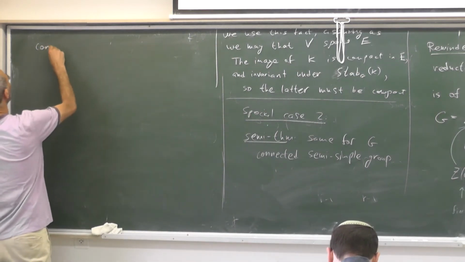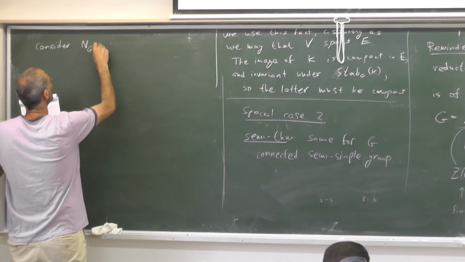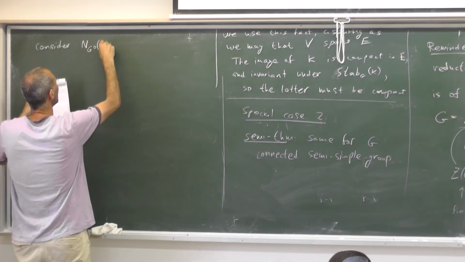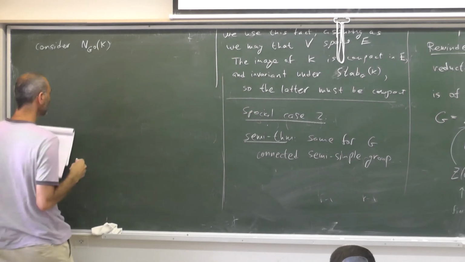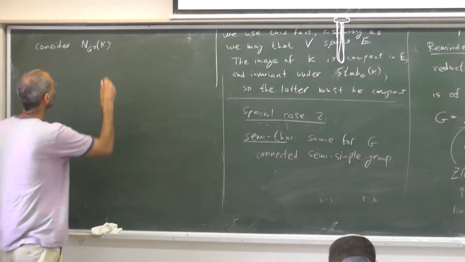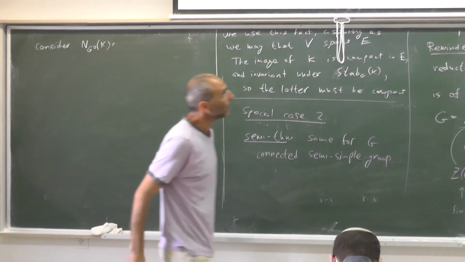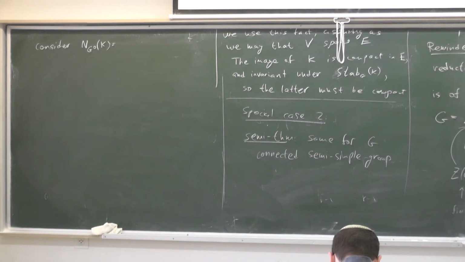Consider now, just for a minute, only the normalizer in G0 of K. What is that? G0 has its center Z and H. In H, what normalizes K is K itself.